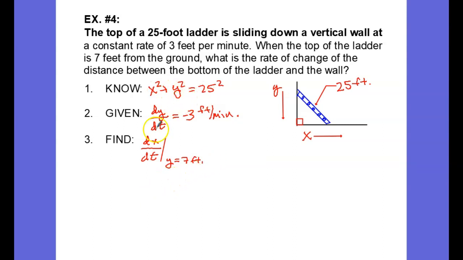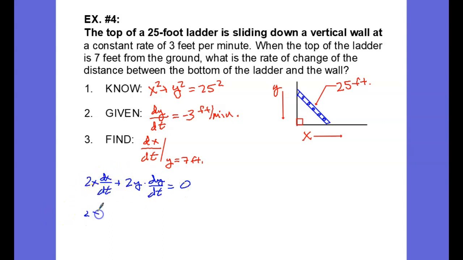Now let's take our equation and differentiate this. So differentiating, we have 2x times dx/dt plus 2y times dy/dt is equal to, and the derivative of 25 squared is 0. Now we're looking for dx/dt, so I think what I want to do is to solve this equation for dx/dt.